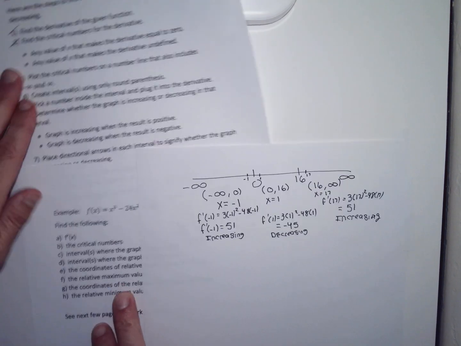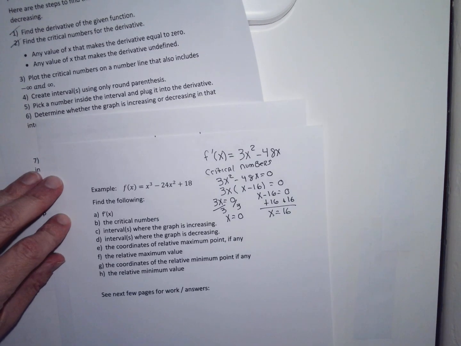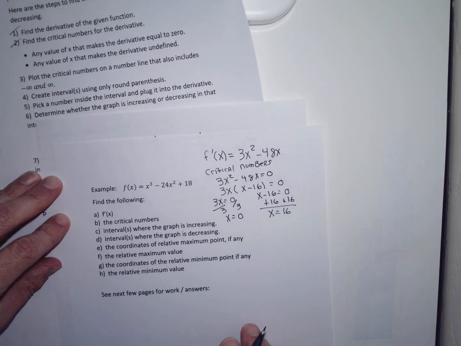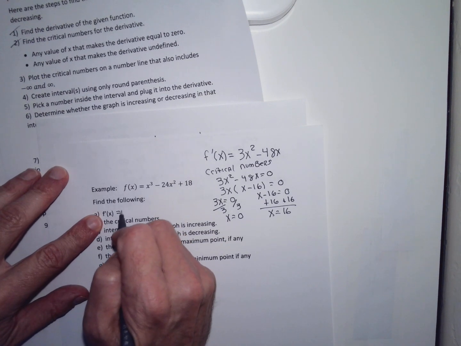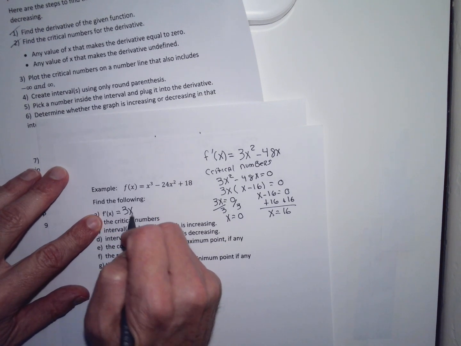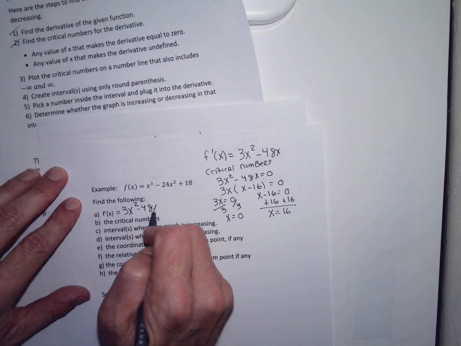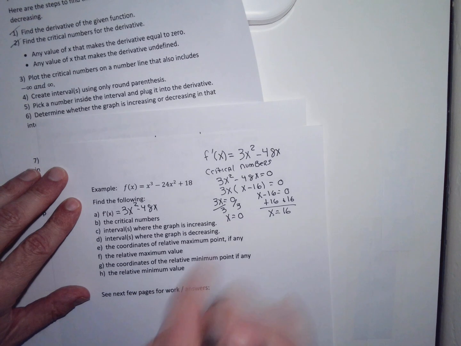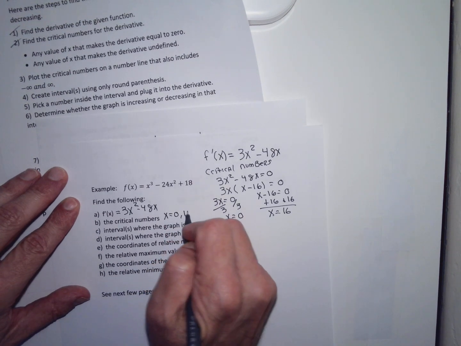So let me start to answer the questions for this example. The derivative, f prime of x, is 3x squared minus 48x. That's the answer to part A. The critical numbers are x equal to 0 and x equal to 16.